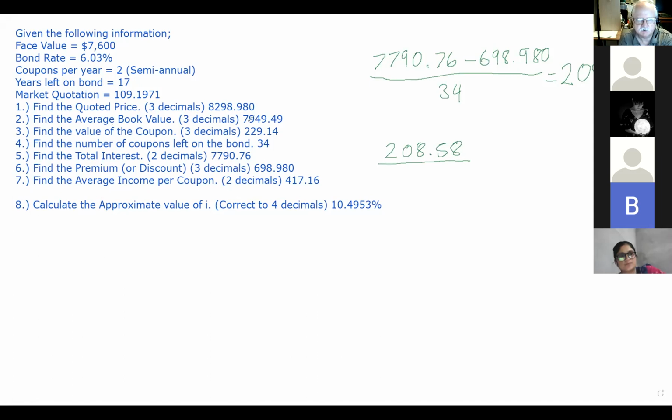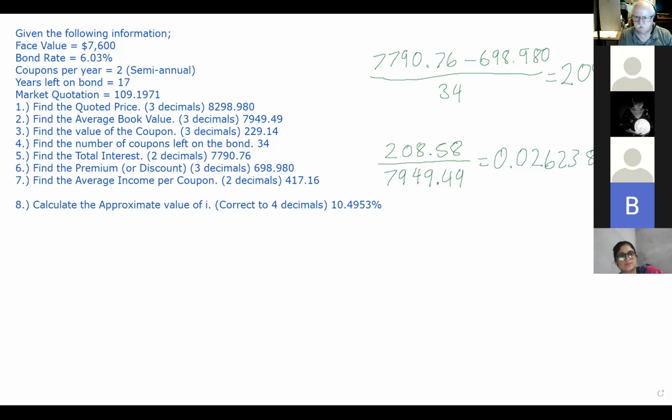So let's make sure we get the right number this time, 7949.49. And I'm getting 0.026238161.